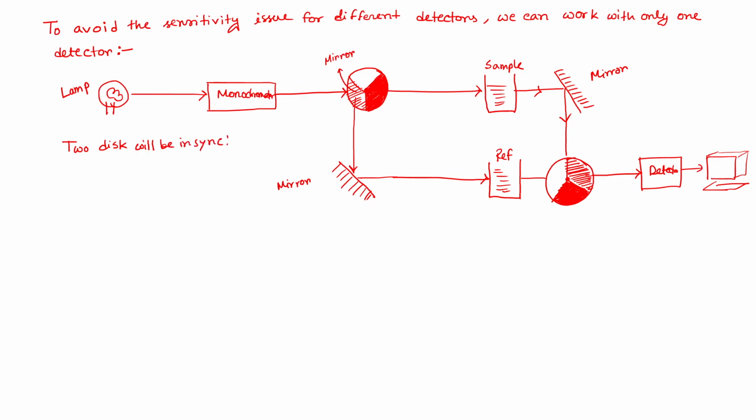See, when the monochromator light, one monochromatic light, is coming through of some intensity, suppose this disk is in this condition so that it is hitting the mirror portion, so light will be reflected and it will fall into the reference, and this disk will be in transparent condition. Okay, so suppose I am writing disk 1 and disk 2.